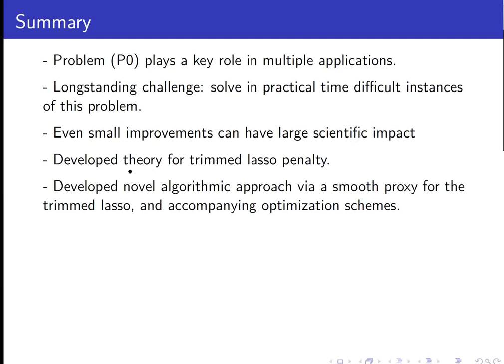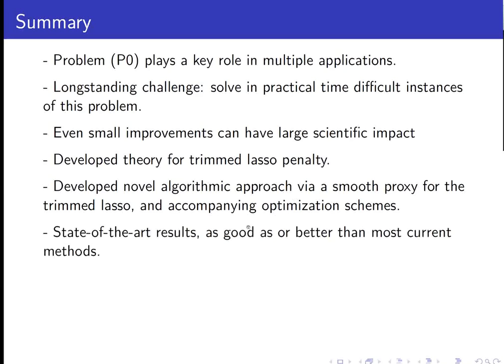In this work, we developed some theory for the Trim Lasso penalty, as well as a novel algorithmic approach to solve it by a smooth proxy and developing accompanying optimization schemes. This gives state-of-the-art results as good as or better than most current methods that I'm aware of.